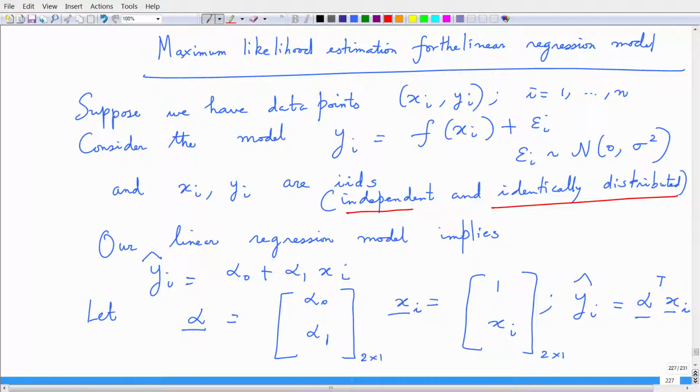Therefore, I can write yi hat, the estimate of y, as an inner product between these two vectors, alpha transpose x. This is a compact form of representing this estimate. So, yi hat is a scalar and I can realize the scalar using the dot product of two vectors.